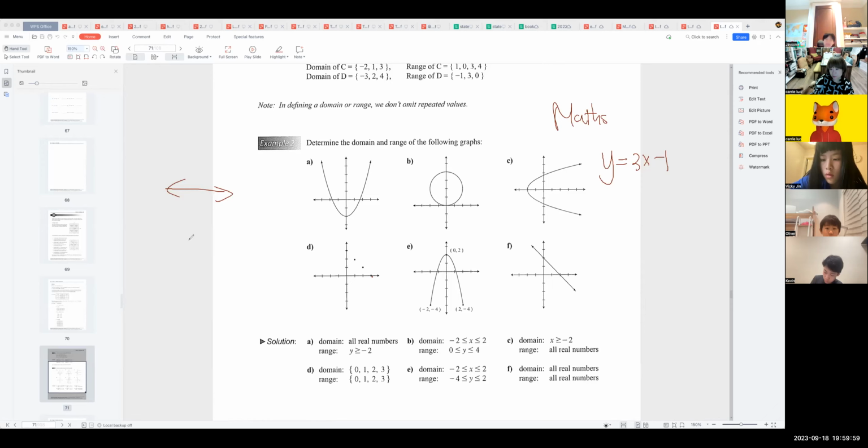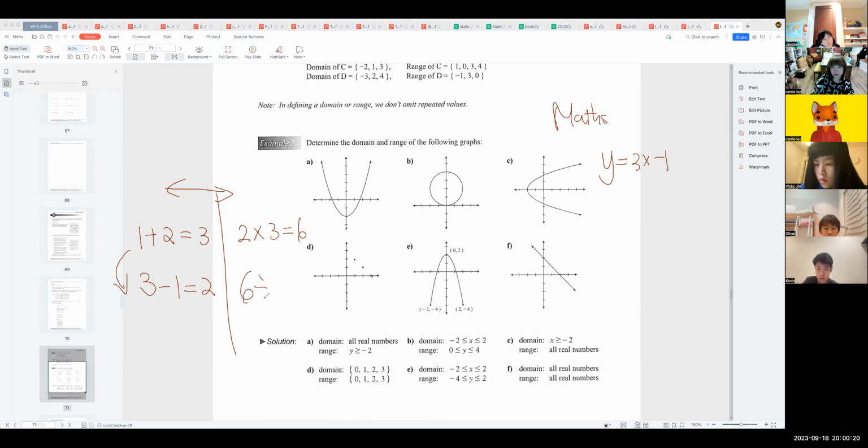Right? When we were little, Kevin, do you remember? The first thing you learned was 1 plus 2 equals 3. Do you still remember? 1 plus 2 equals 3, right? Then after a couple of weeks, your mom said, Kevin, let's do 3 minus 1 equals 2, okay? Right? Then you go to school, then the school teacher tells you 2 times 3 equals 6. And after 6 months, 6 divided by 2 equals 3, right? It's always like that, back and forth.